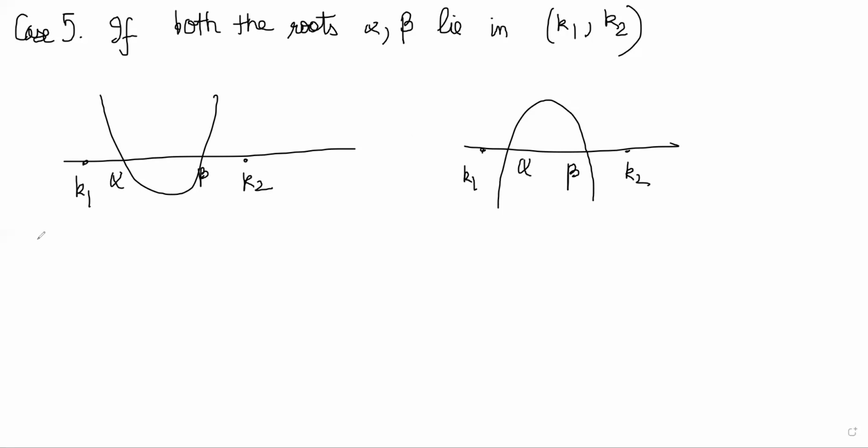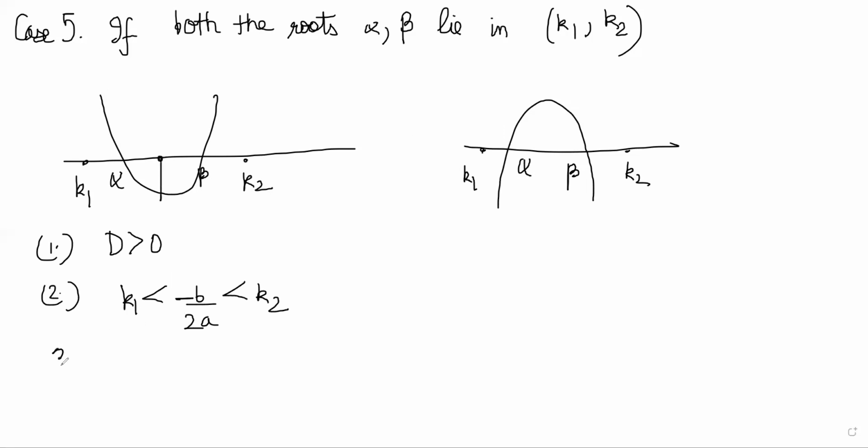Now here what you can say is first condition is D should be greater than 0. Then second condition is K1 should be less than minus B by 2A is less than K2. Minus B by 2A is somewhere in the middle. And third condition is f of K1 is greater than 0 and f of K2 is greater than 0.